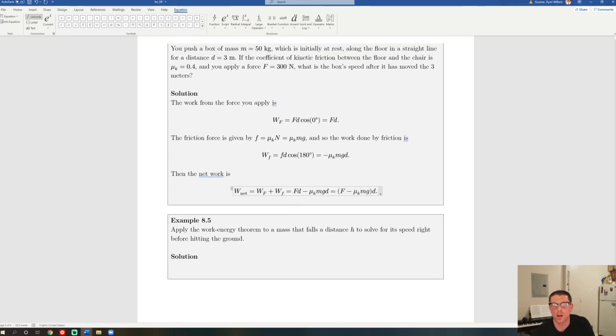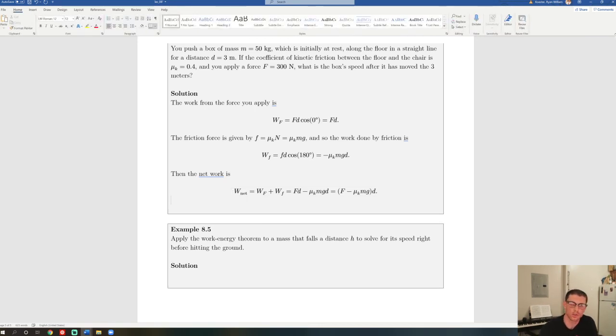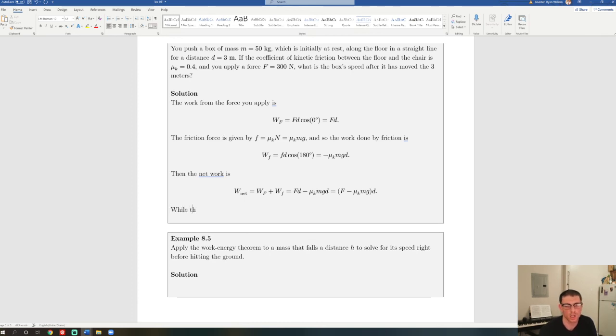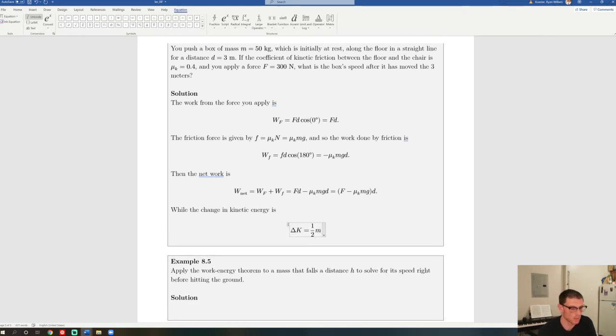So we're halfway there, right, because we have the work done. Now we just need to fill in the other part of the equation associated with the work energy theorem, right? And remember that that has to do with the change in kinetic energy. So the change in kinetic energy is now delta K equals 1/2 m v squared minus 1/2 m v initial squared, right?